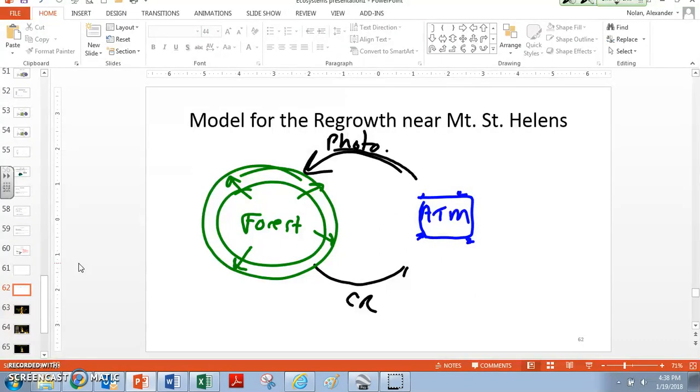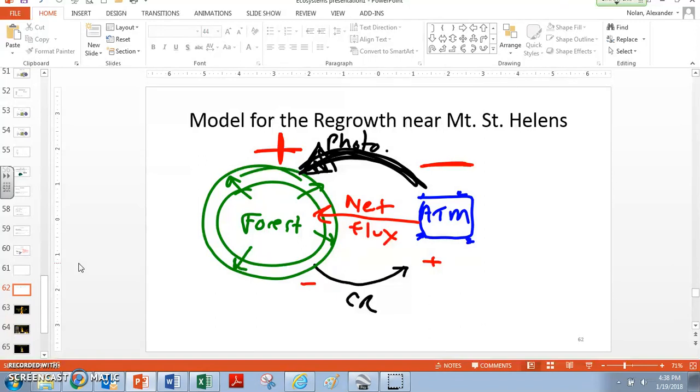So we've got a big flux that for the forest is positive. We've got a big positive here, a big negative here. We still have a small negative and a small positive there from cellular respiration. But in this example, our net flux is toward the forest because the forest is growing. And so we can say, all right, our forest is getting bigger and we must be pulling carbon dioxide out of the atmosphere.